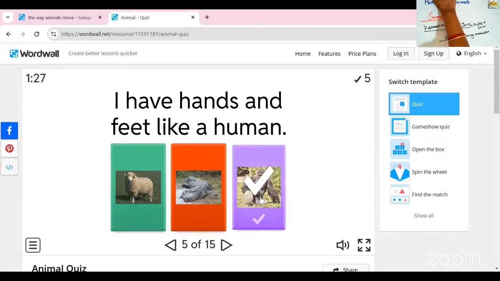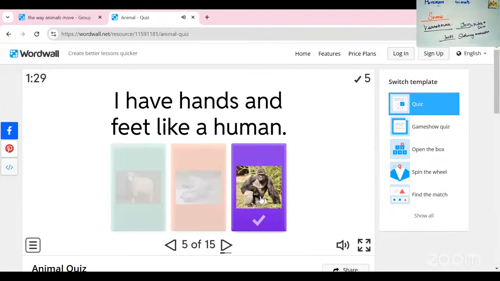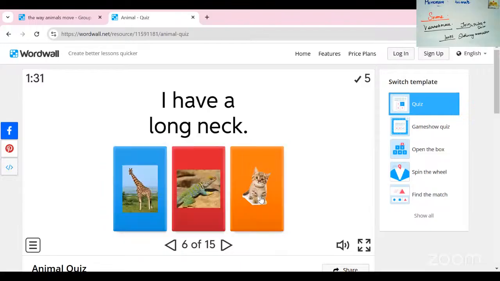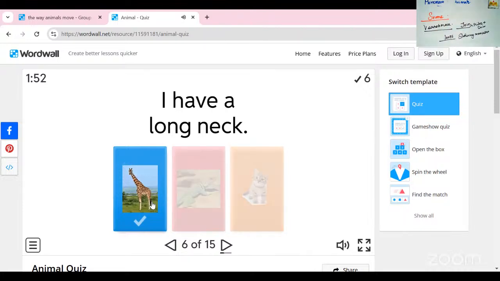Yes, the monkey looks like a human. Next one: I have a long neck. Who has a long neck? Cat, this animal, or the first one? Yes, this is the right answer.